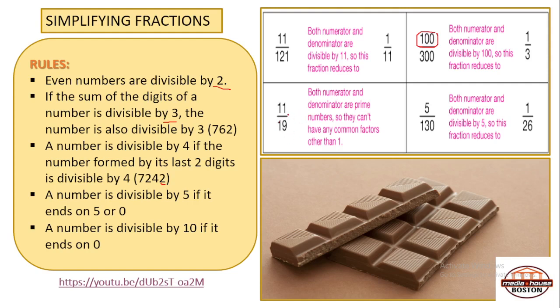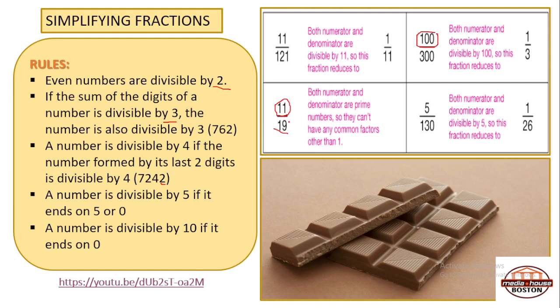Under this one we have got 11 over 19. Let's take a look at 11 first. 11 cannot be used as a common factor, because if we divide 19 by 11, we're going to get 1 comma something, which is going to be a recurring or irrational decimal. So we cannot apply 11 as a factor.